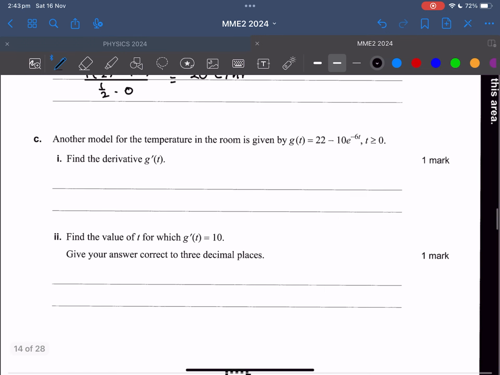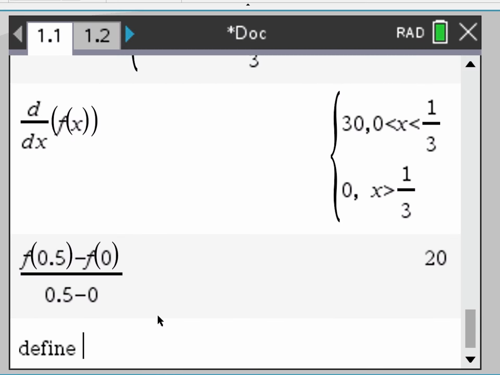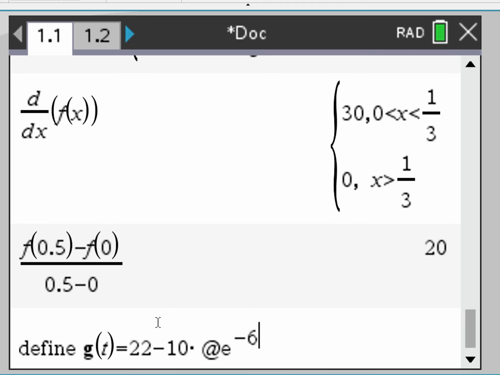Another model for the temperature in the room is given by this over here. Find the derivative of g. So let's define g of t. g of t equals 22 minus 10 times e to the power of minus 6 times t. Did I define it correctly? Yes, I have.